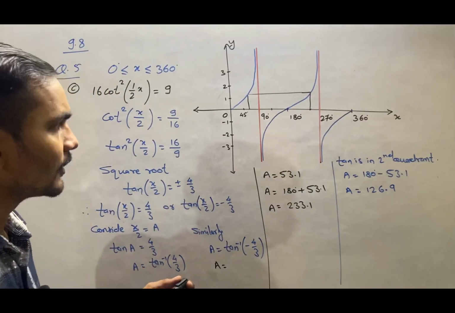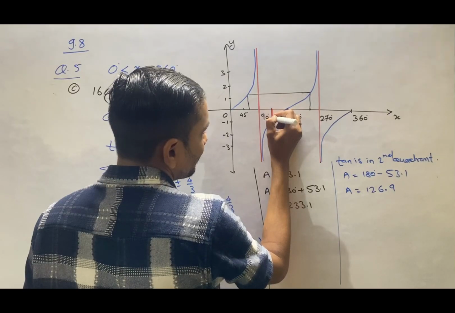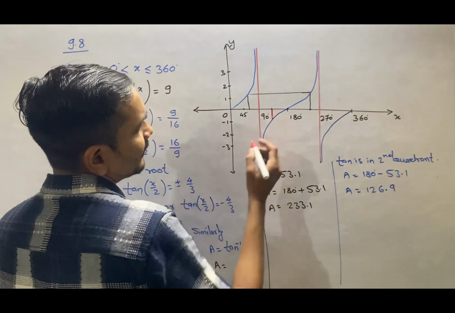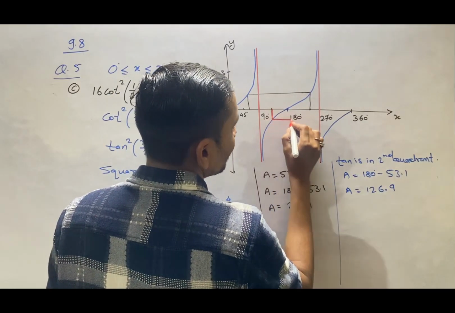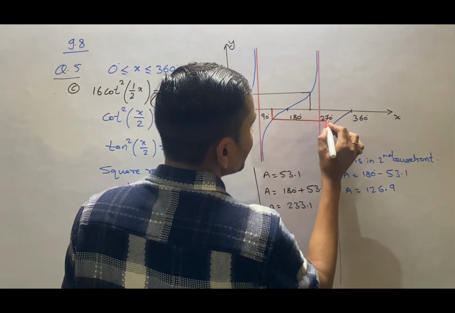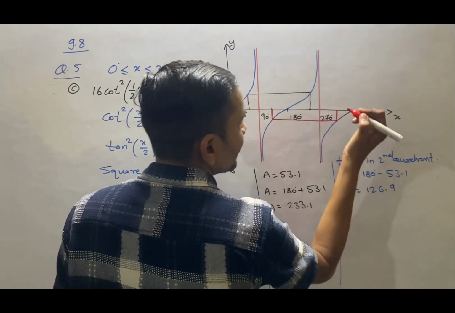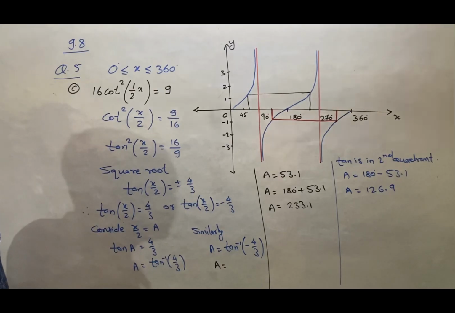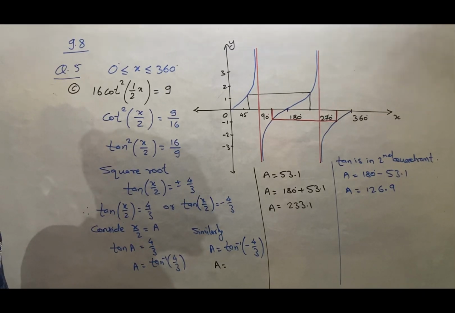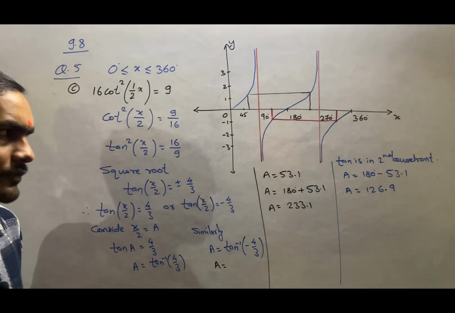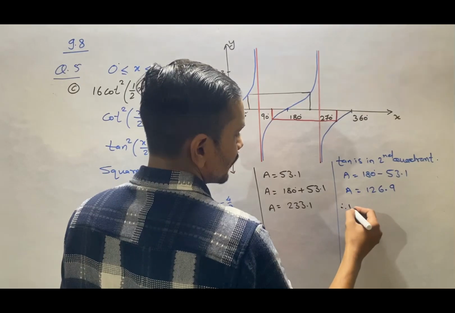If we make a graph, draw a line parallel to the y-axis where it intersects the given curve, and from there again parallel to the x-axis, the next point we get is in the fourth quadrant.